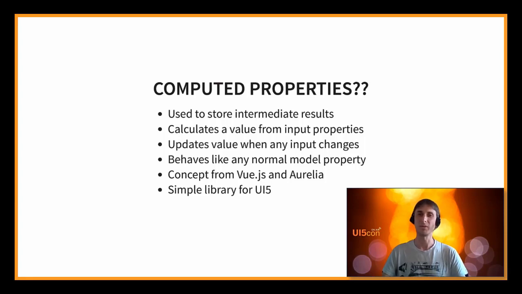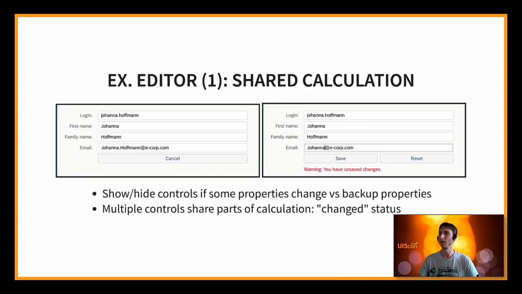I have developed a simple library for UI5 that you can try out and use to have computed properties in UI5. So let's start with an example. It's a very simple text editor. You can switch on edit mode, and then you can edit these text fields.